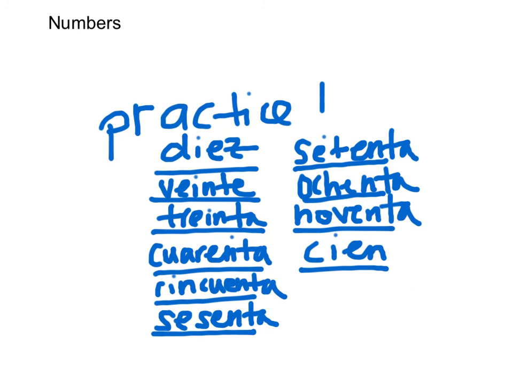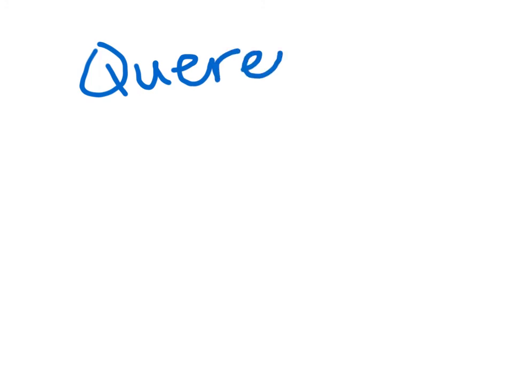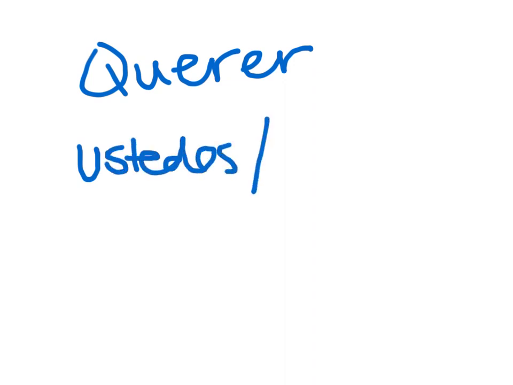Okay, so we talked about the verb querer today, and I told you how you had to know querer and its conjugations: quiero, quieres, quiere, queremos, queréis, quieren. You also want to be able to use it. So if I give you a subject tomorrow, let's say I give you ustedes as your subject, and I give you bailar, I'm going to ask you on the test to ask a question with this information and answer that same question.